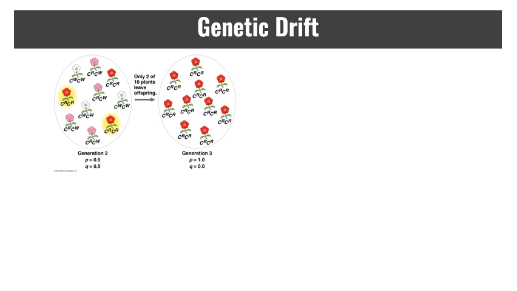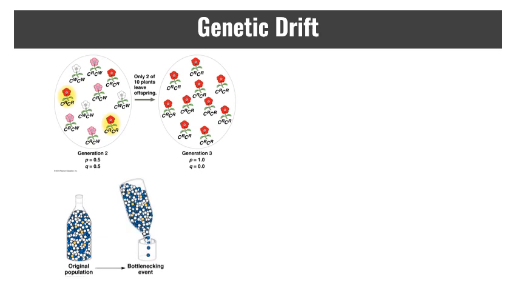There are considered to be two major types of genetic drift. When you have small populations that are being selected for, it really comes down to whether the original population survived the event or not. A bottleneck event is where you have an original population and something causes a very small amount to survive.